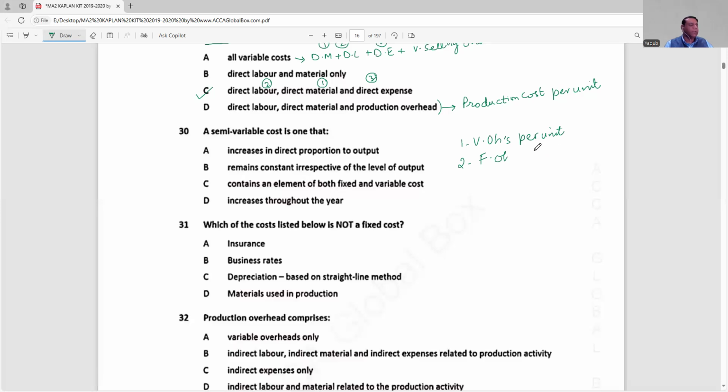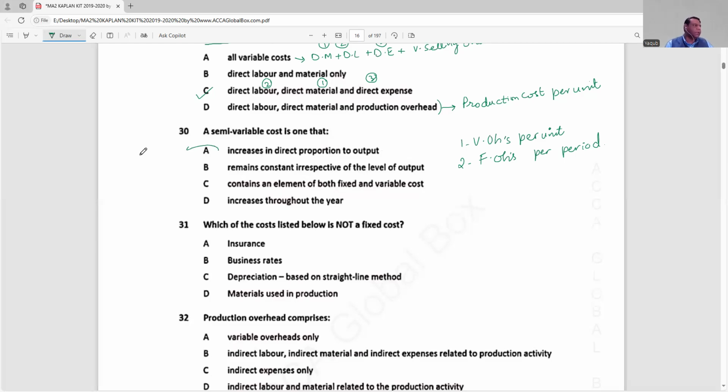So remember one thing, whenever we talk about semi-variable cost, variable overheads are always measured on a per unit basis, and fixed overheads are always measured on a per period basis.